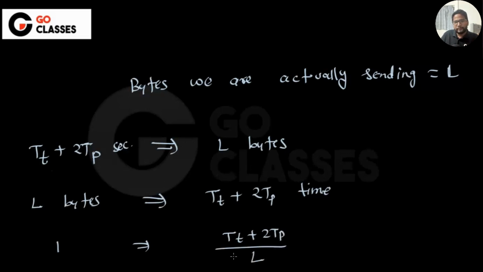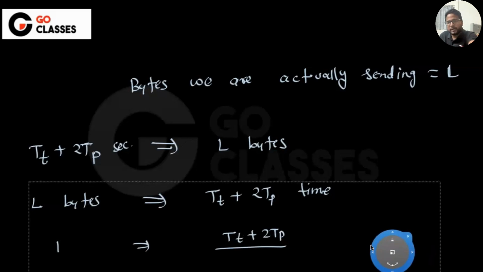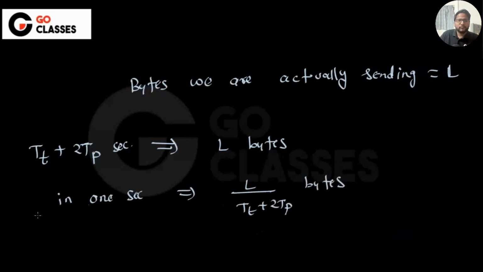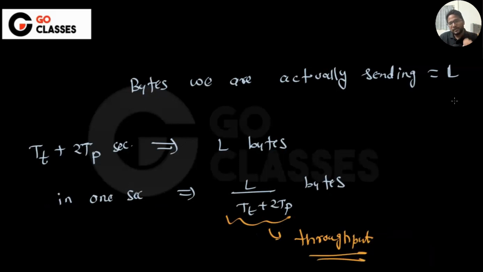So in 1 second, how much are you sending? L upon TT plus 2TP. These many bytes per second you are sending. So that's called throughput.